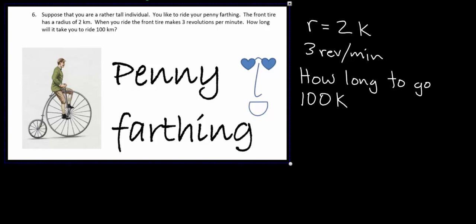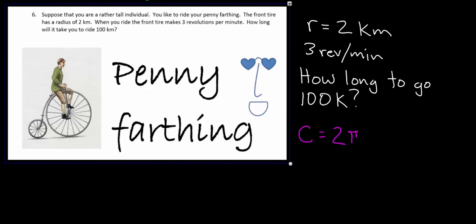And this up here is kilometers. Okay, well, here's the essential information. And this problem is not difficult if you just realize, well, how far is it around that tire? Well, the distance around that tire is the circumference of the tire.